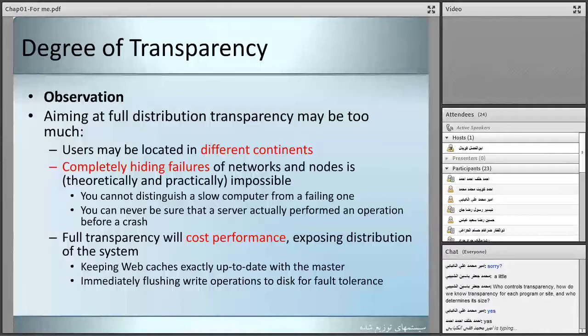But it decreases performance. Why? Because you are using some services to write on disk every 1 second. Your hard disk is always busy, so the performance is decreased. So you decide to decrease the degree of failure transparency.